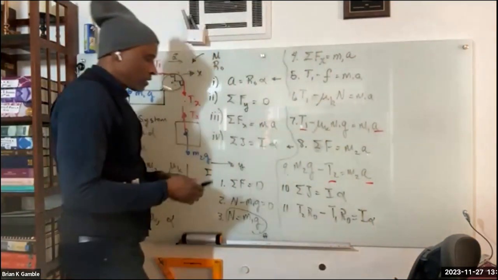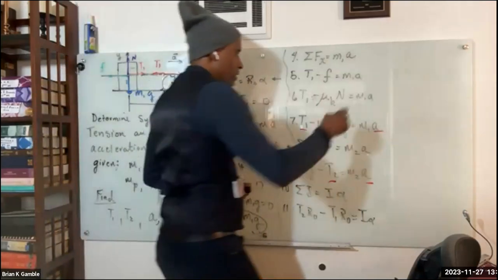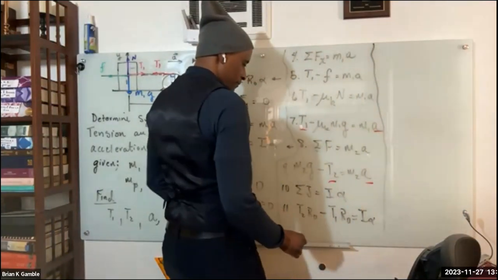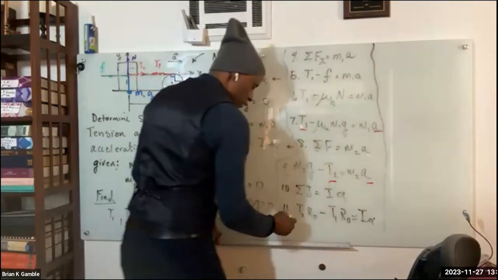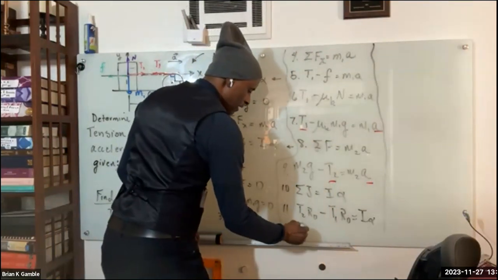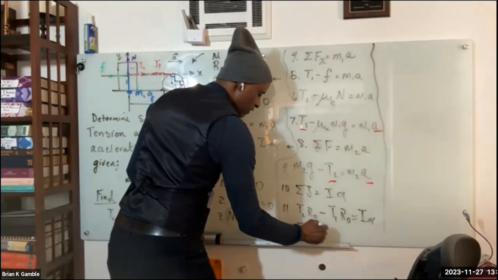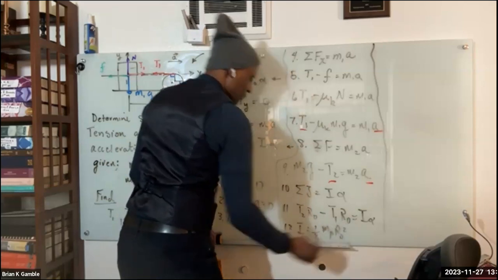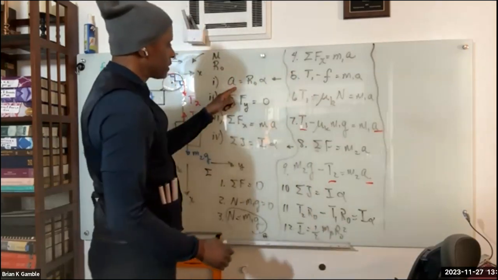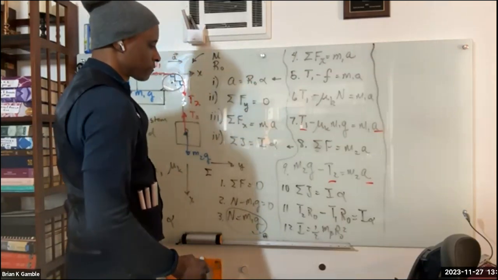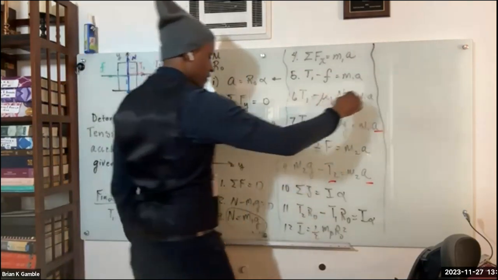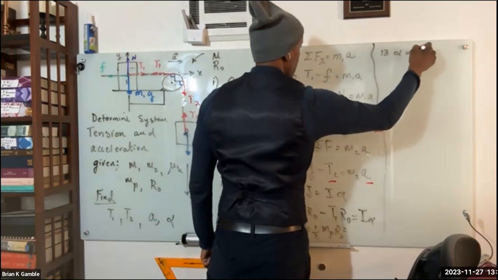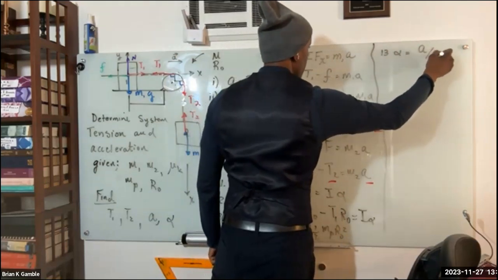So we'll come over here and we'll say that equation 12, I is equal to 1/2 M_P R naught squared. And alpha is A divided by R naught.